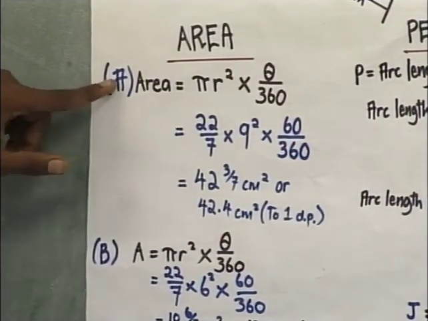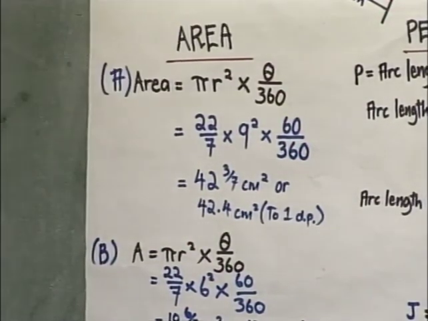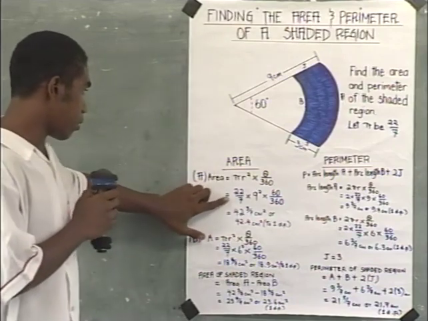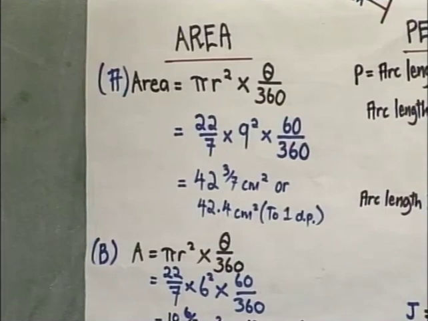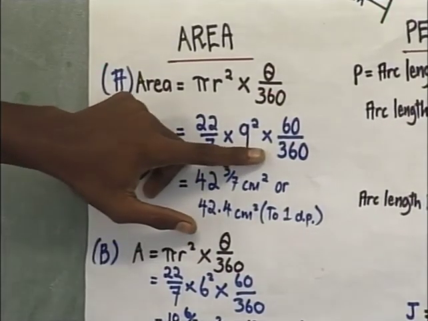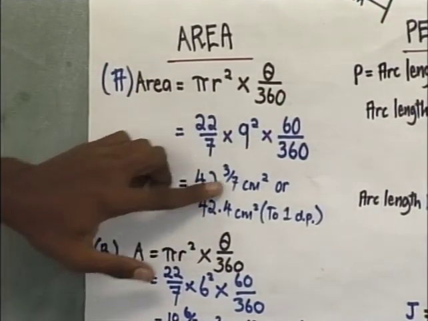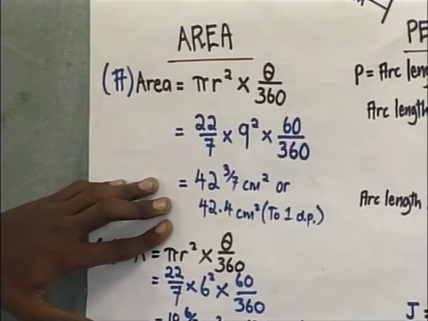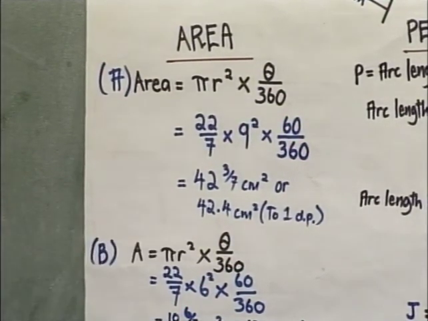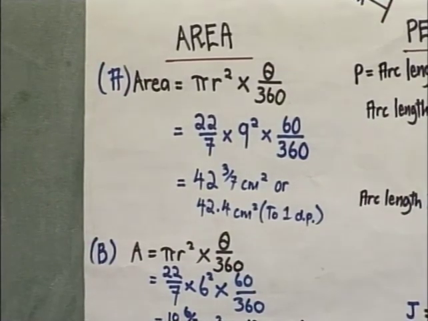This is for the larger sector, label A. 22/7 multiplied by 9 squared, it's the radius there, times 60 over 360. We get 42 3/7 square centimeters, or 42.4 centimeters squared to 1 decimal place.